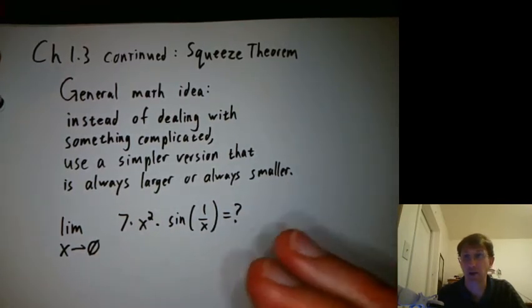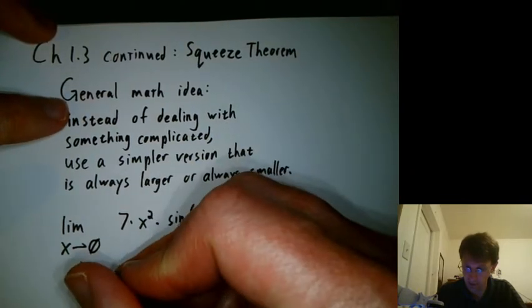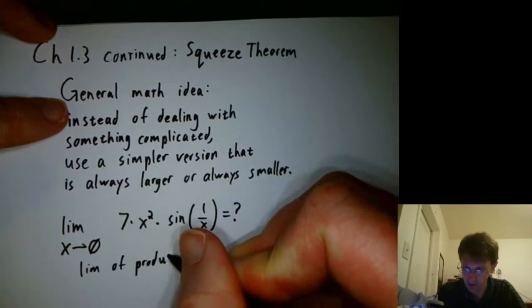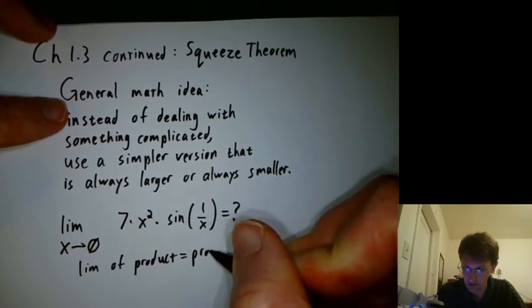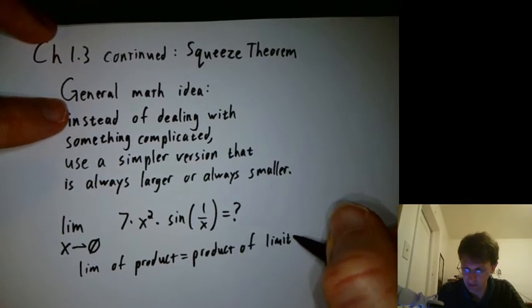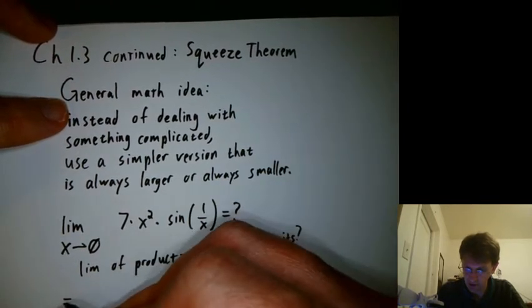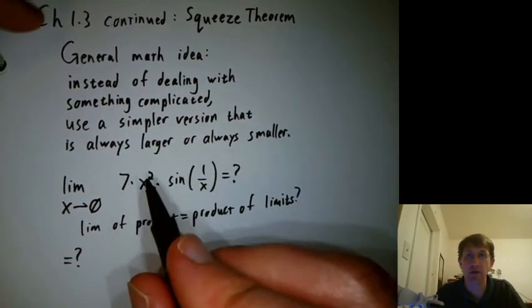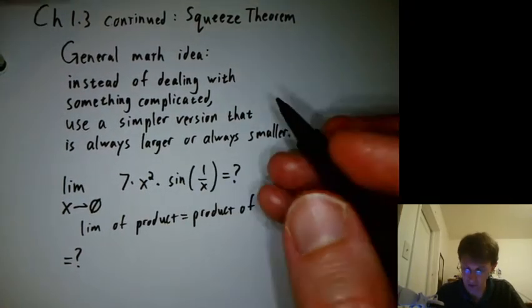Can we write that as the product of the limits? So can we say the limit of a product equals the product of the limits? If that was true, we could ask: what's the limit of 7, what's the limit of x squared, what's the limit of sine 1 over x?